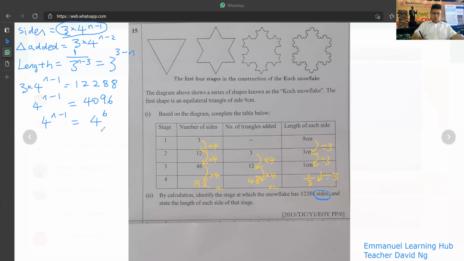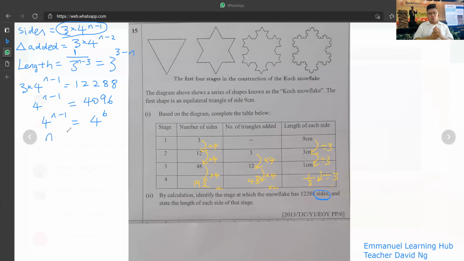Because with just a touch of your button on your calculator, you can test out it's 4 to the power 6. It's your 4096. Then the question is, why do I use base 4? Because this side is base 4. That's the reason why you use base 4, because you wanted to create 4 to the power something.